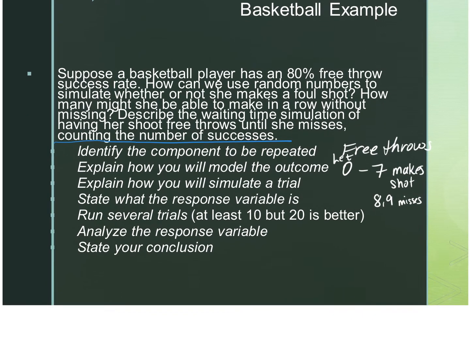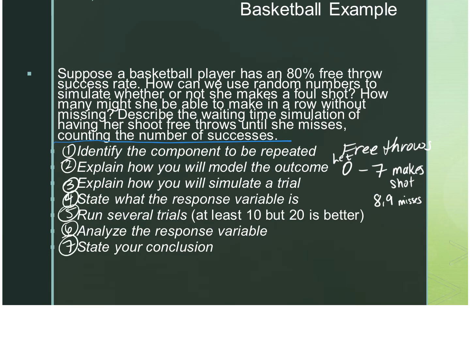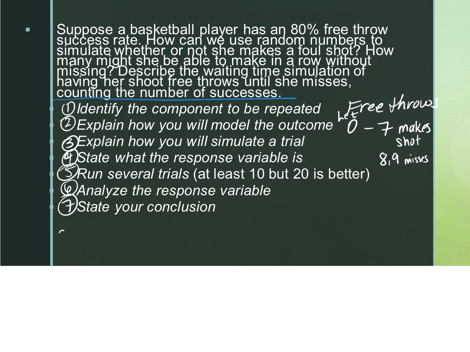Explain how we will model the outcome. Okay. You need to get in the habit of writing this all out. On the quiz, I will be checking each of these components. Okay. So, step 3, explain how we will simulate the trial.